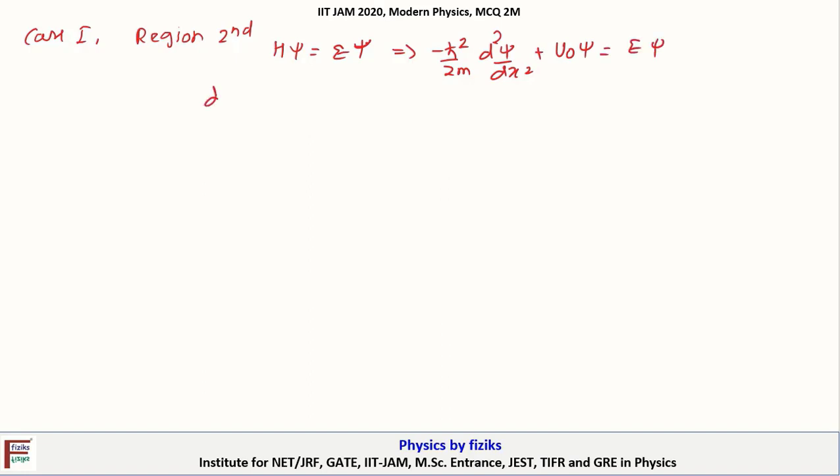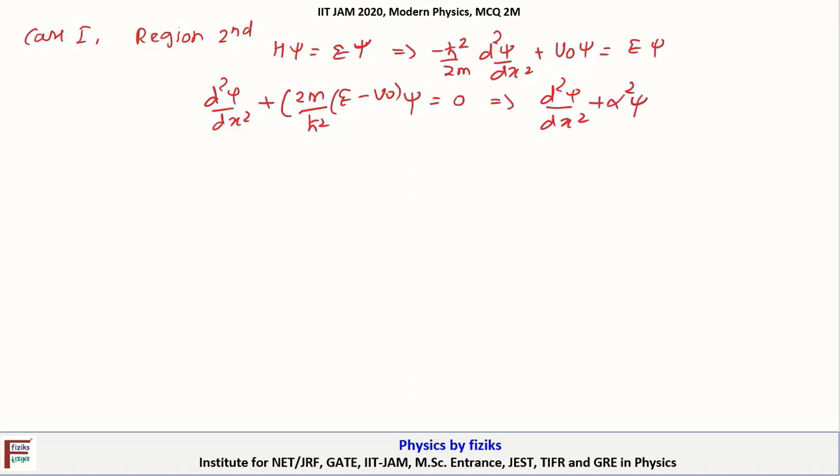That means del square psi by del x square plus 2m (E minus V0) by h cross square psi equals 0, or we can write del square psi by del x square plus alpha square psi equals 0, where alpha square is defined as 2m by h cross square (E minus V0).